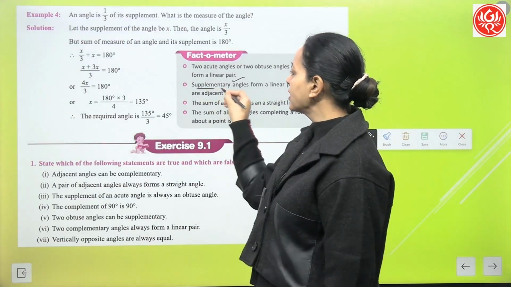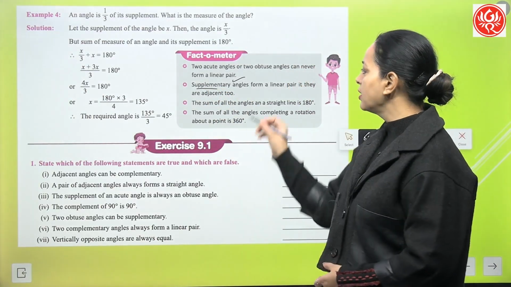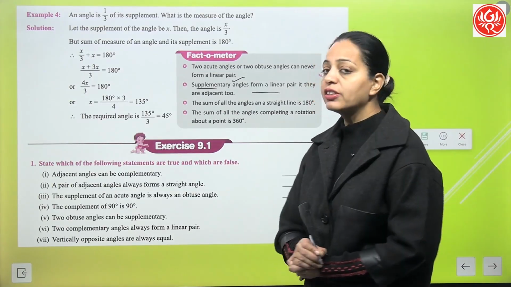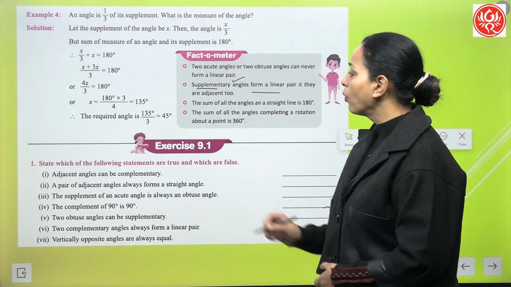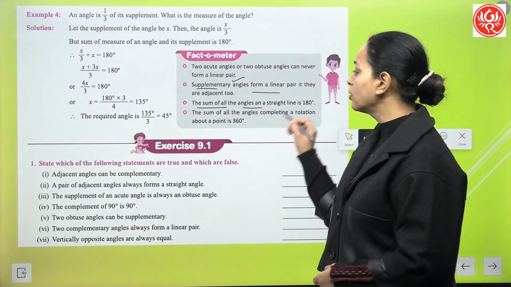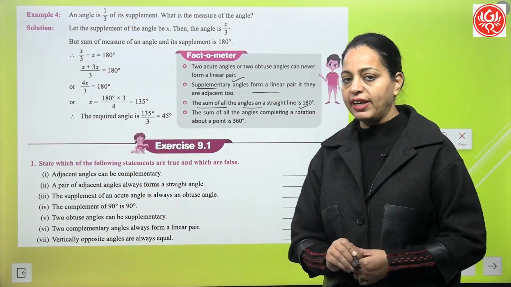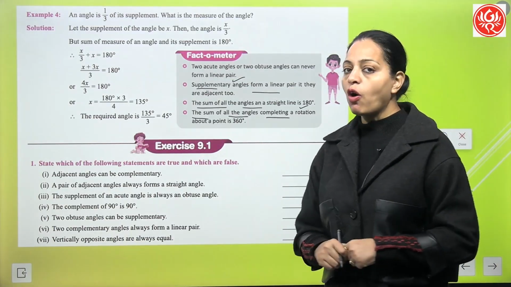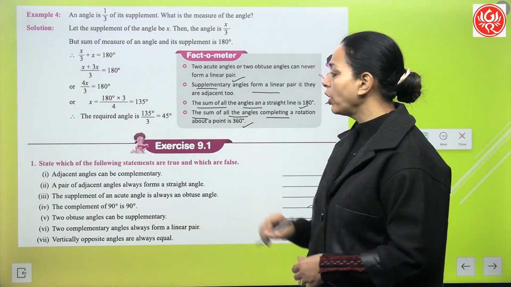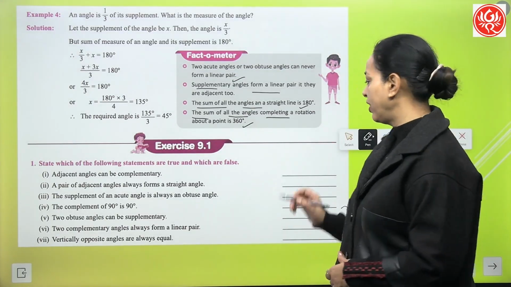Okay. Now the next, supplementary angles form a linear pair if they are adjacent. Okay. Now the sum of all the angles on a straight line is 180 degrees. The next is the sum of all the angles completing a rotation about a point is 360 degrees, right?